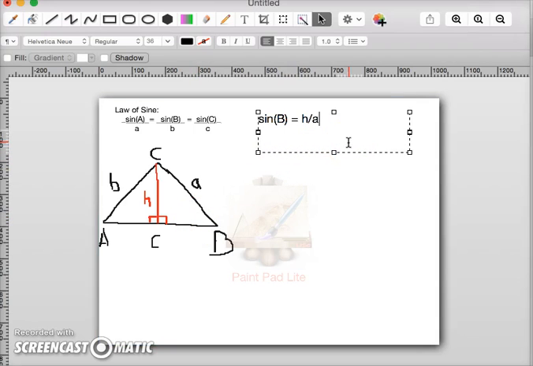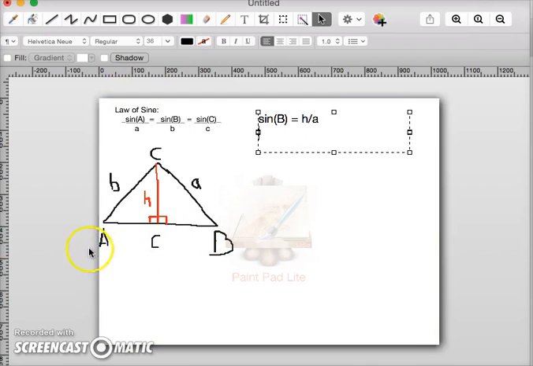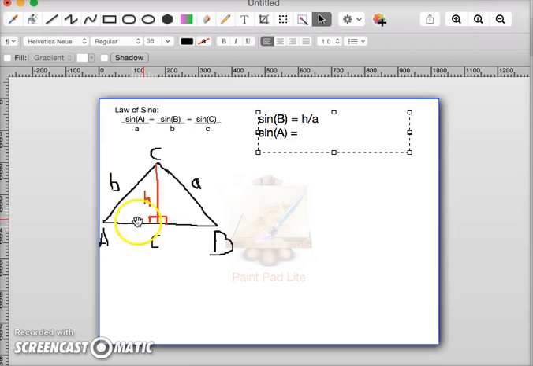So we have sine of angle B equals H over a. Now trying to find the sine of angle A, we have the opposite, which is also H here, over the hypotenuse, which is the length b right here.